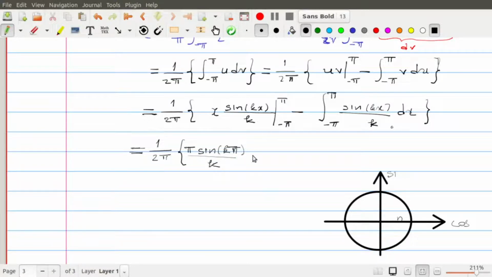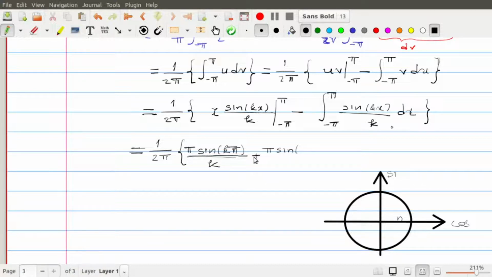K is non-zero. Minus at negative pi, so it will be plus with the negative. We have another pi here. Sine of negative pi.